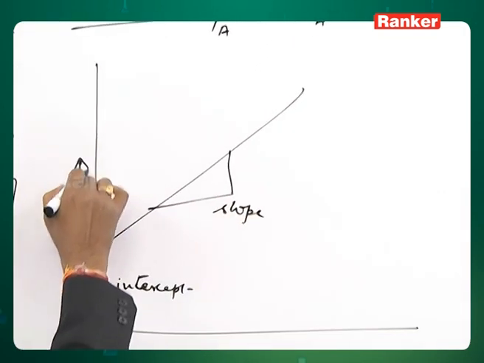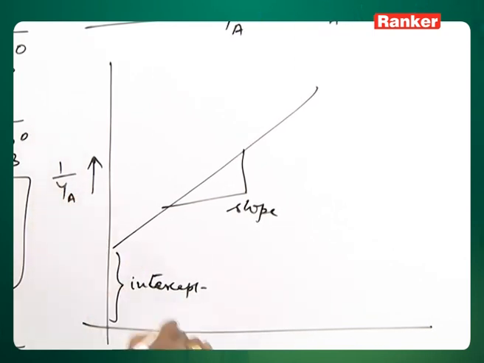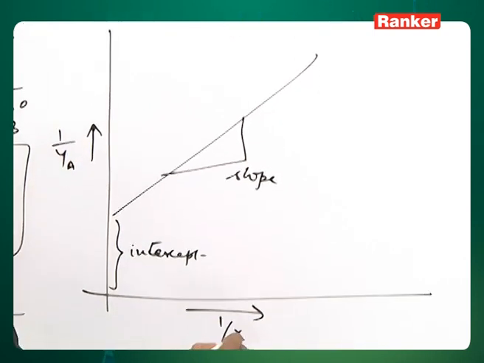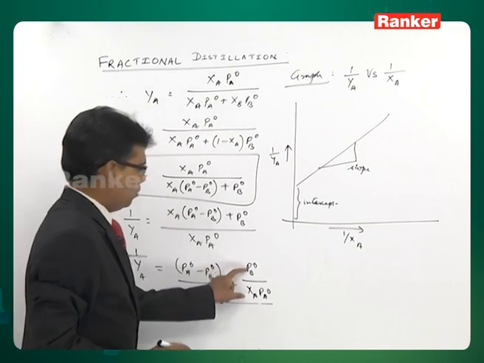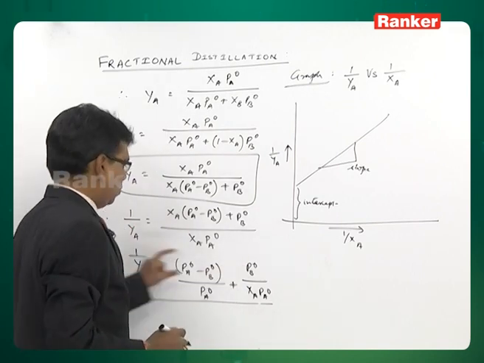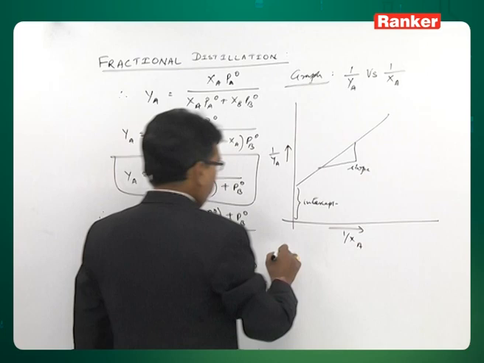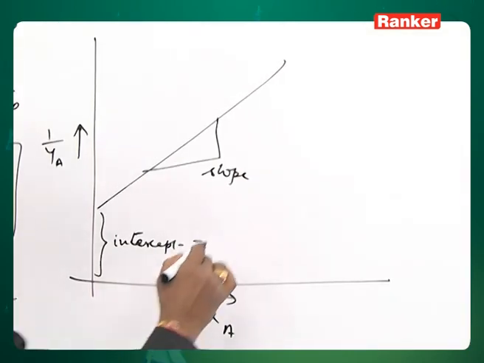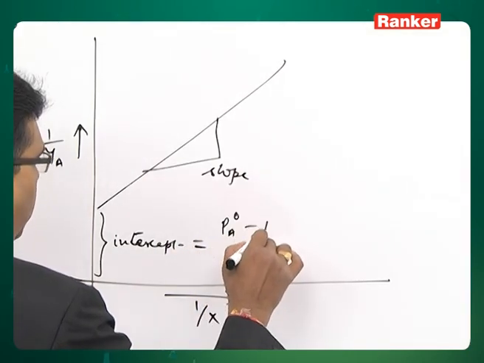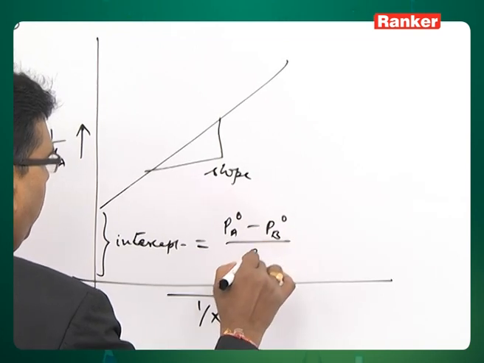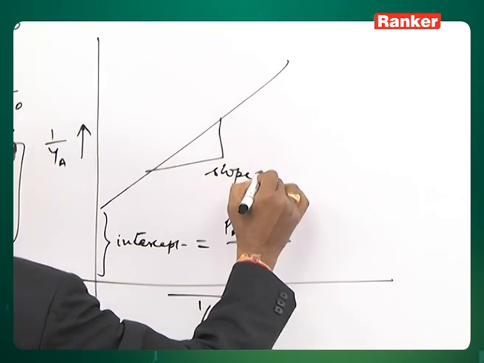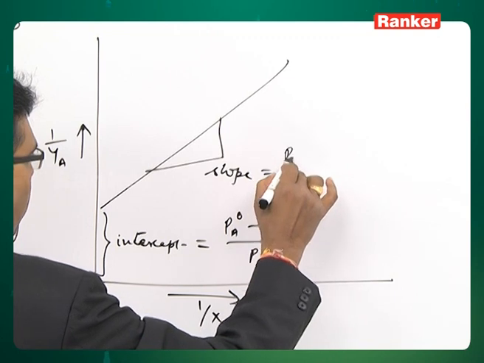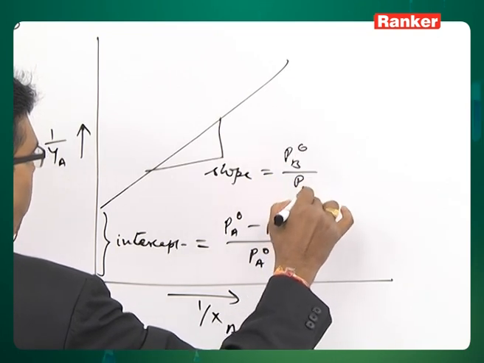This is 1 by Y A versus 1 by X A. So, this intercept is equal to (P A naught minus P B naught) by P A naught, and the slope is equal to P B naught by P A naught.